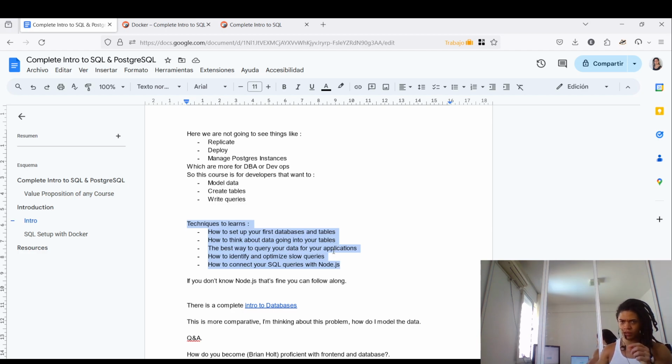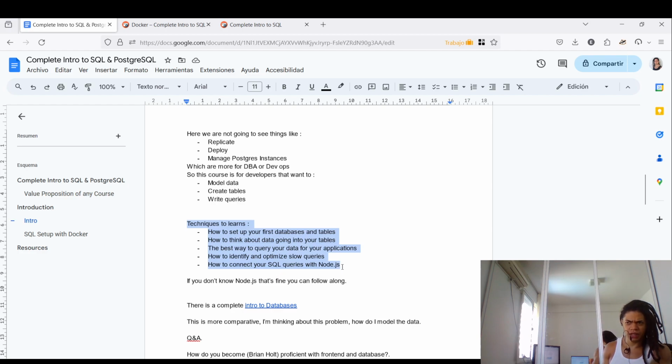How to set up your first database and tables, how to think about data going into the tables, how to write a query, or the best way to query your data for your application, and how you identify and improve slow queries, and ultimately connect that to Node.js.